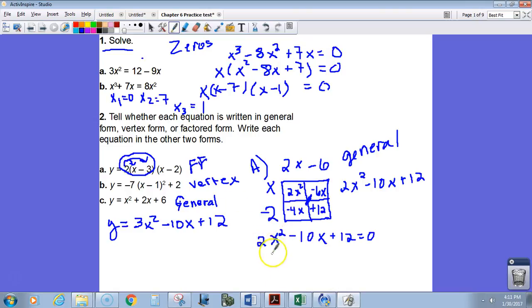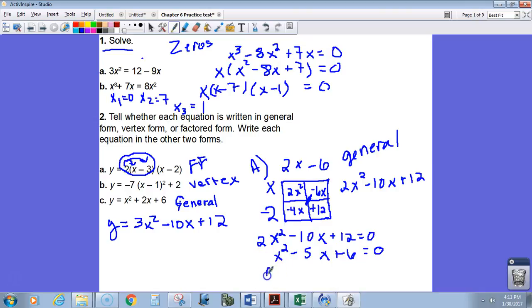So 2 divided by 2 is just x squared minus 5x plus 6. And I still have to divide that 0 by 2, but when I divide 0 by 2, I still get 0. So it's just equal to 0.